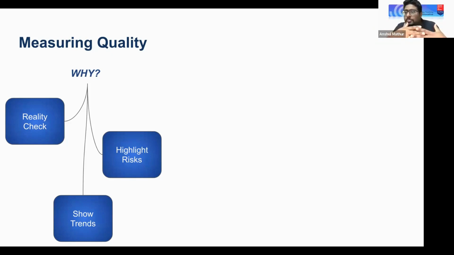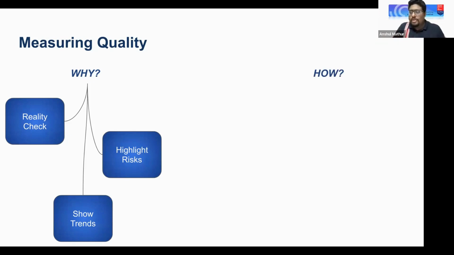That's an alarm to the test automation team, which they should pick up as soon as these measurements are published to them. So reality check, highlighting risk and showing the trends, or the patterns of behavior that your microservices exhibit. This is why we do quality measurement.